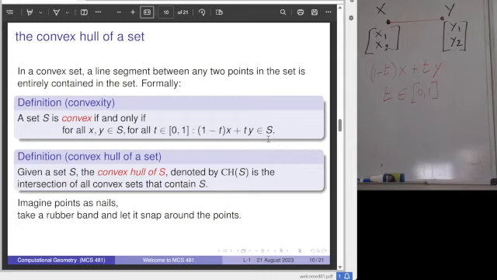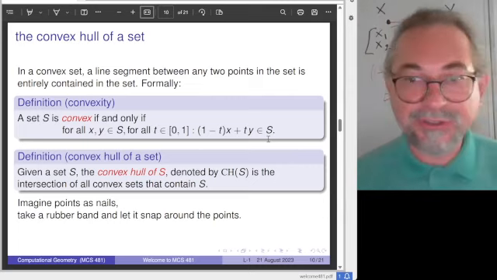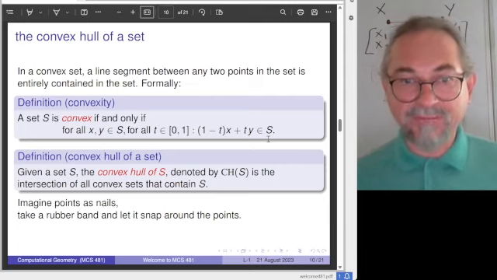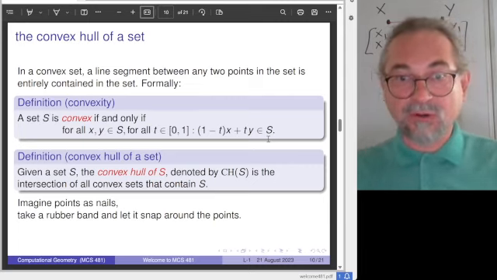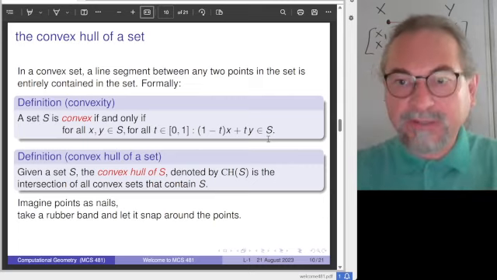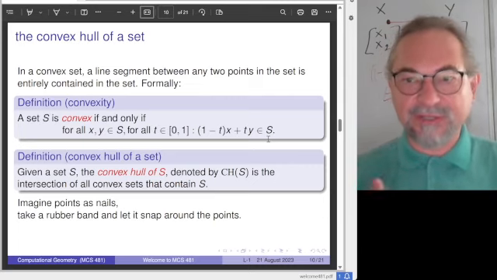Okay, so now let's try to turn this into a problem. So the problem on the slide, the second definition here, is for any set that you have, you can construct the convex hull. That is the smallest convex set that contains the set. So it's the intersection of all the convex sets that actually contain it.